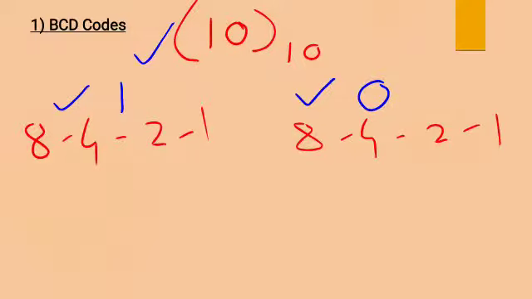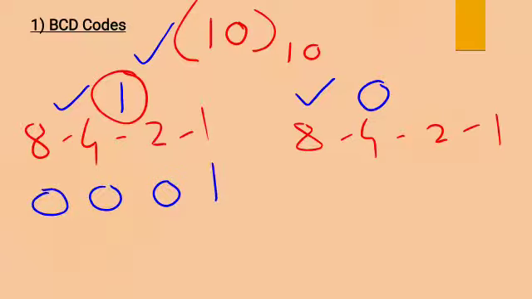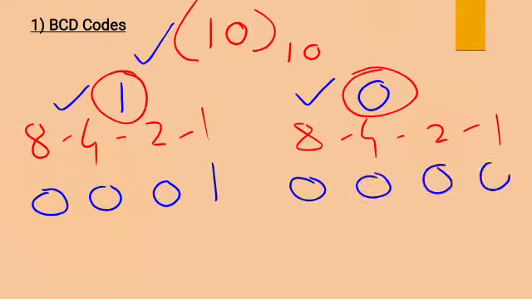So for 1 we can write the BCD code as 0 0 0 1, and for 0 we can write the BCD code as 0 0 0 0.